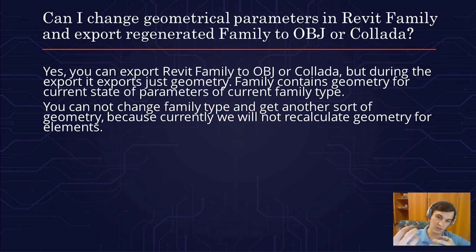The family contains geometry for the current state of parameters, so for the current family type. You cannot change the family type and get another sort of geometry, because currently we do not recalculate geometry for elements. But geometry which is stored inside the files will be exported. It's absolutely the same geometry as in the model. There is no difference.